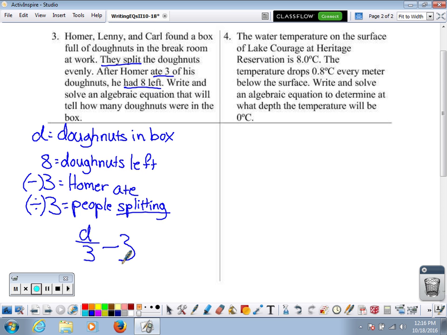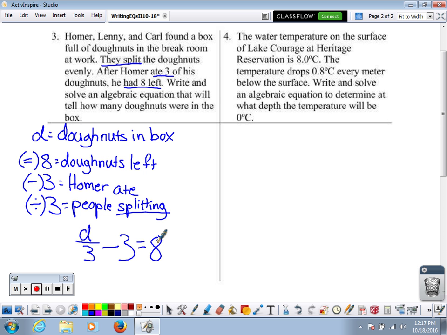This is how many is left at the end. That's the result, so this is going to equal 8. So we have D divided by 3 minus 3 equals 8.